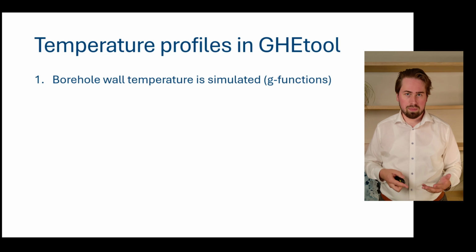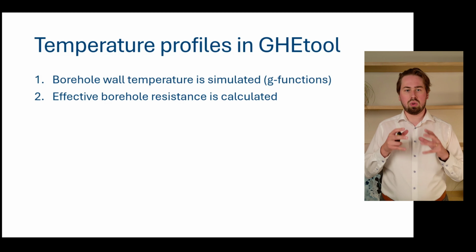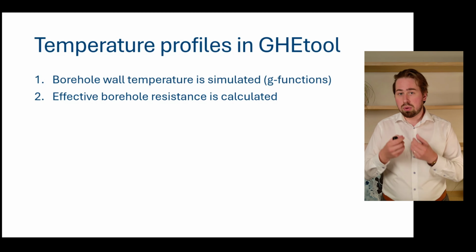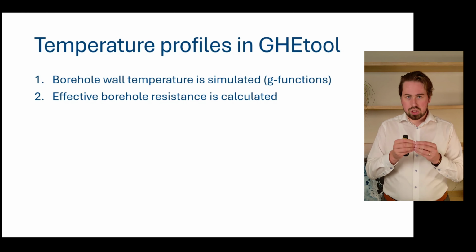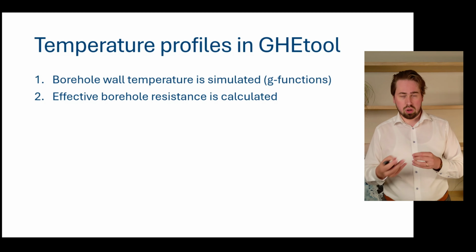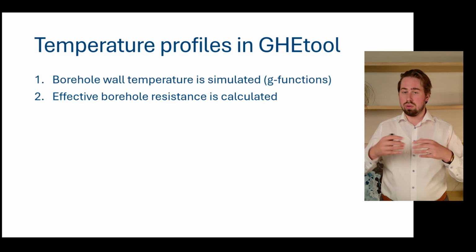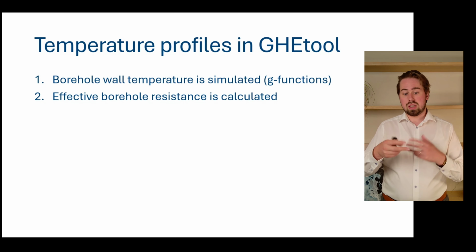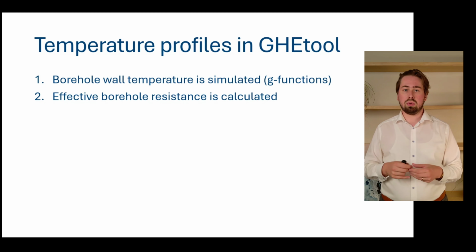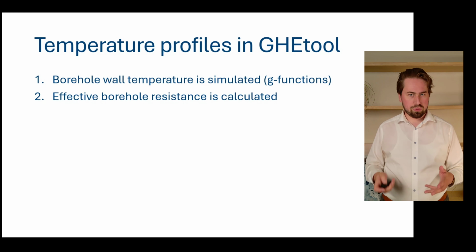Secondly, what you do is you calculate the effective borehole thermal resistance. Now, this borehole resistance, if you recall, it tells us something about the relationship between the fluid circulating through our borefield and this borehole wall. And basically, it's a measure of how good your fluid can exchange heat with the ground, and it depends on the number of tubes you have, which type of heat exchanger you have installed in your borehole, the type of antifreeze, the flow rate, whether it's turbulent or not, and so forth.